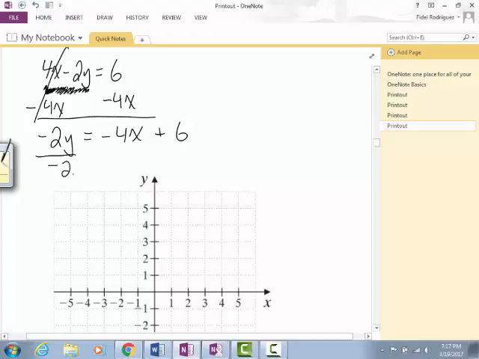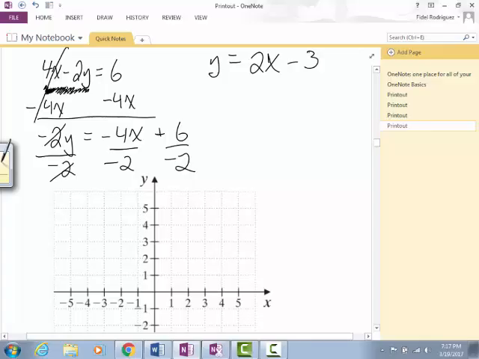So the last thing I'm going to do is divide everything by negative 2 all the way across. These negative 2's will cancel out, and that's going to leave me with y equals a negative 4 divided by a negative 2 is a positive 2 with an x. A positive 6 divided by a negative 2 is a negative 3.